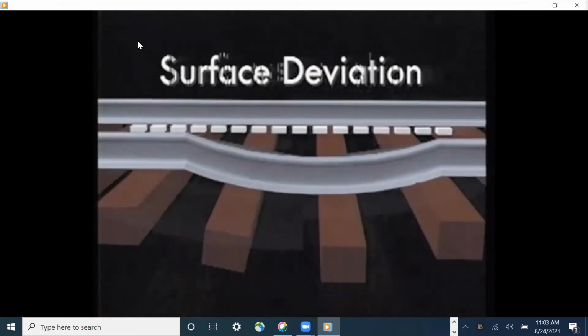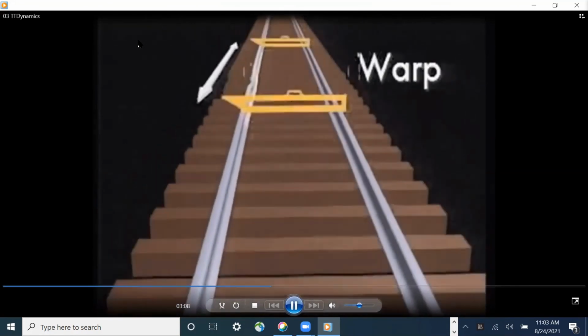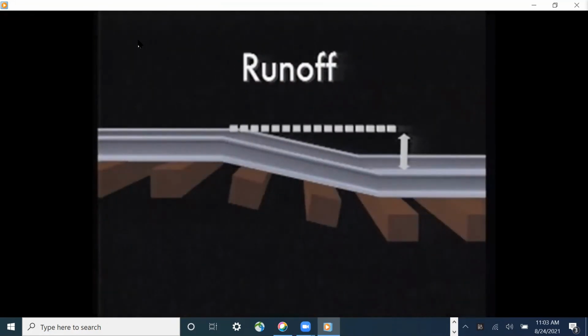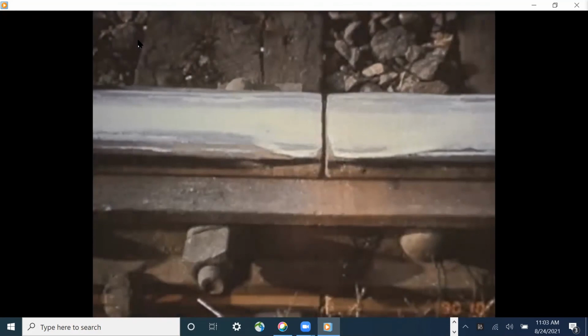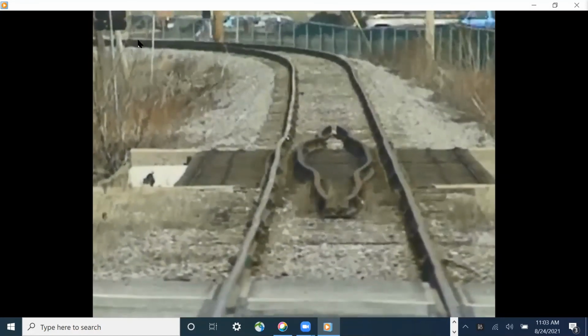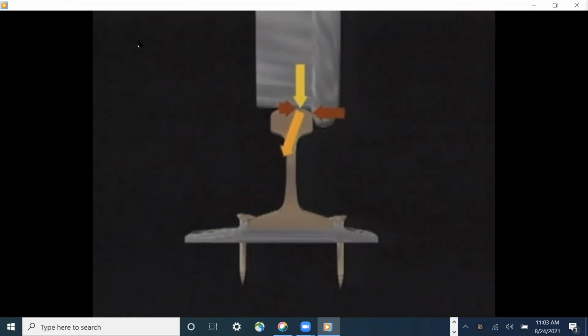Defects in track geometry, such as poor surface or cross level, excessive warp, twist, or runoff, and discontinuities in the running surface, such as bad joints, points, or frogs, also affect vehicle movement. These conditions vary the vertical force and therefore the L/V ratio at the wheel-rail interface.